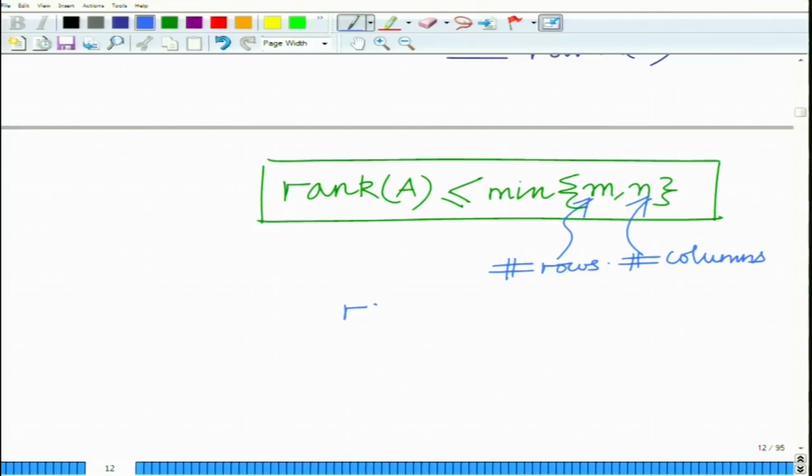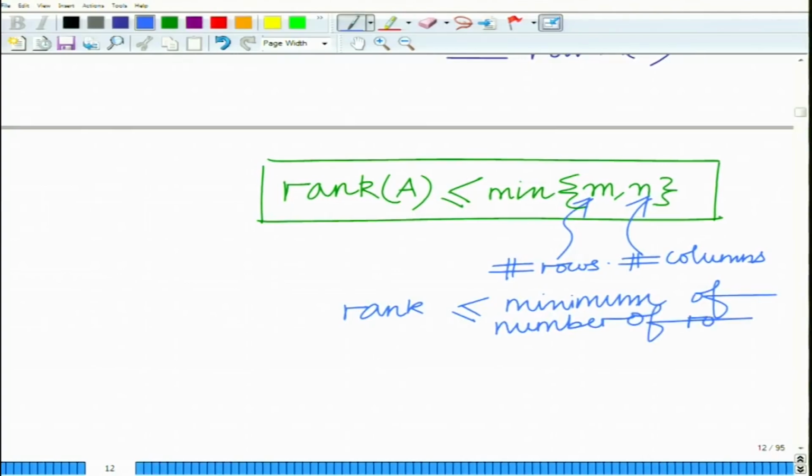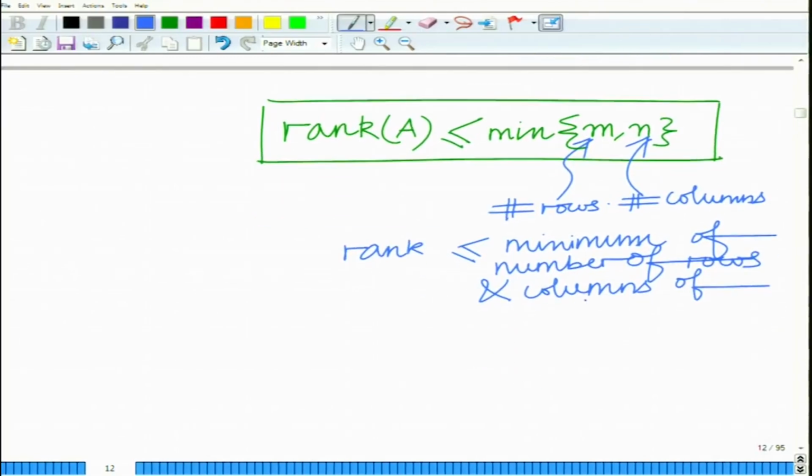So, the rank of any matrix is less than or equal to the minimum of the number of rows and columns of the matrix, and this is a fundamental property of the matrix.